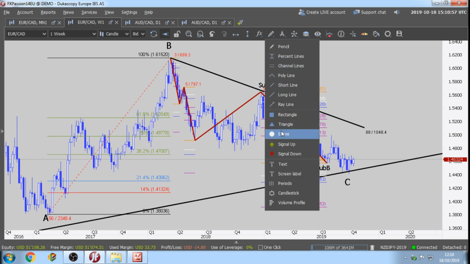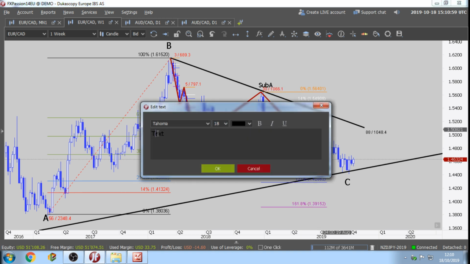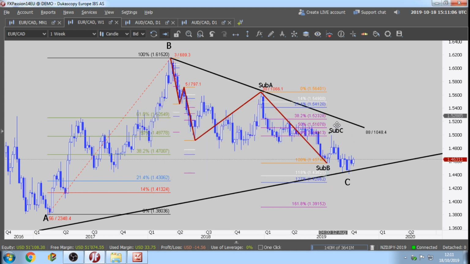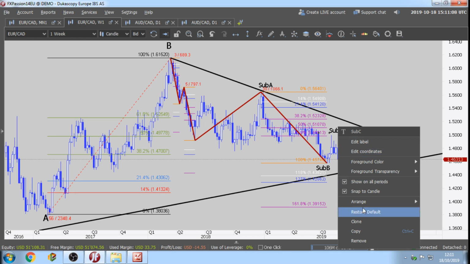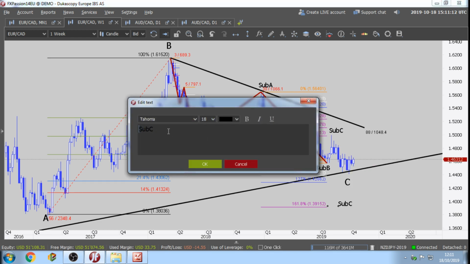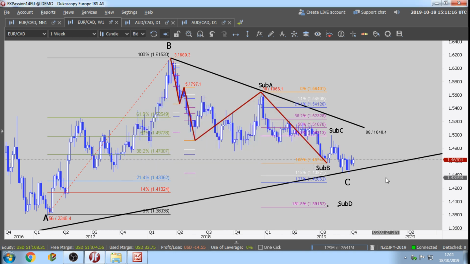We have the sub C up in here, sub C, and we have the projected clone one more time, projected sub D down in here, sub A, sub B, sub C, sub D.